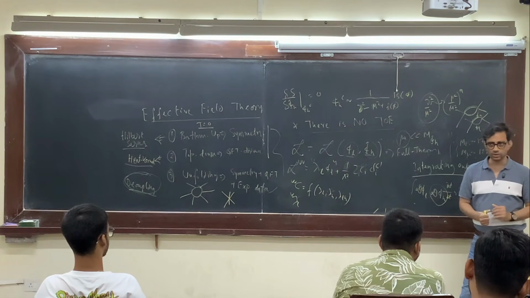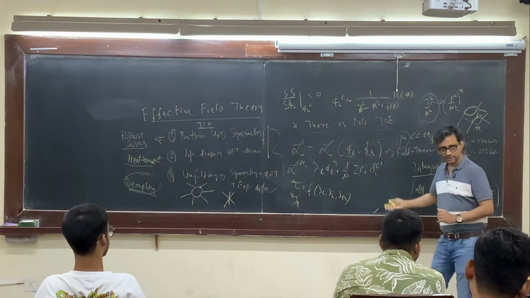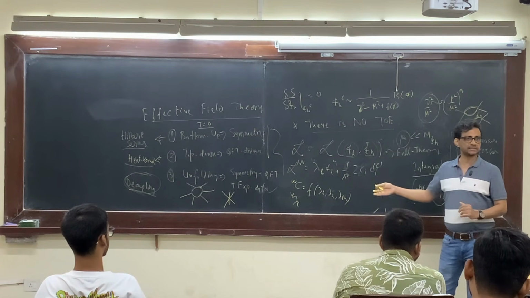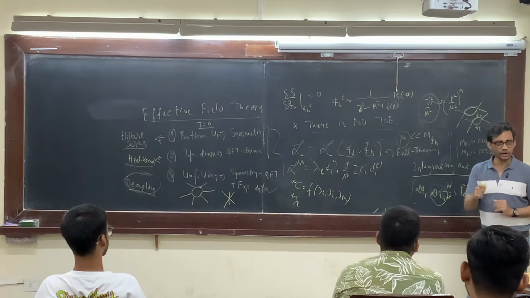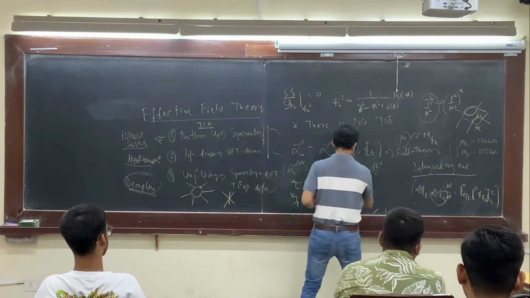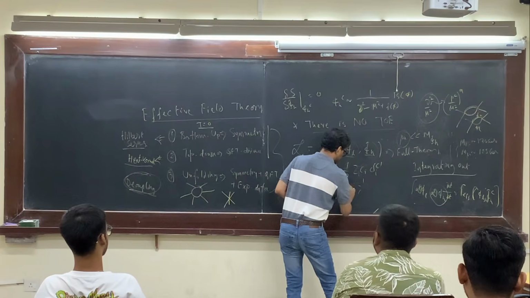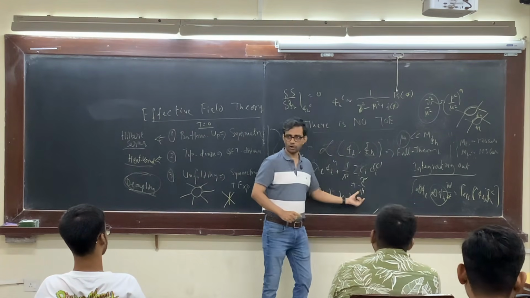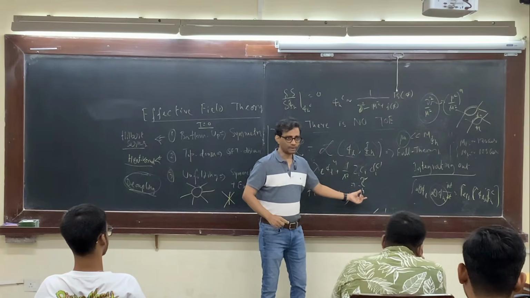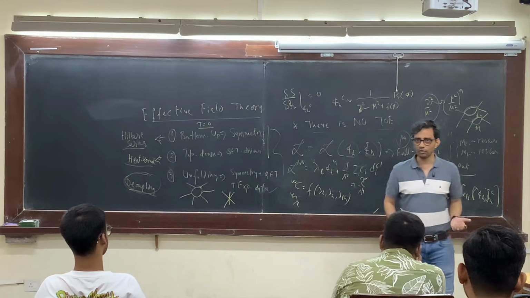Then I'll find that for all the divergences associated with the dimension 6 operators, I have a counter term. On top of that, as Siddharth has pointed out, I may generate some kind of 1 by lambda 4 operator counter term. But I will ignore that. Why?